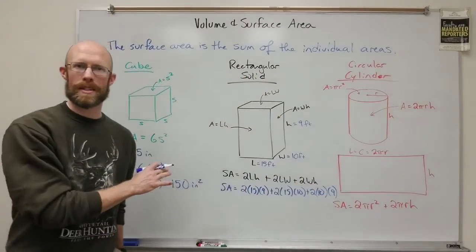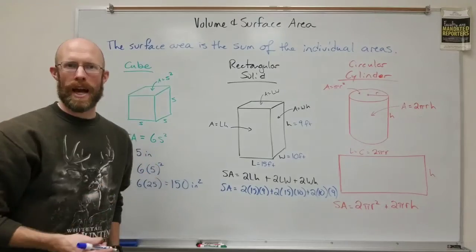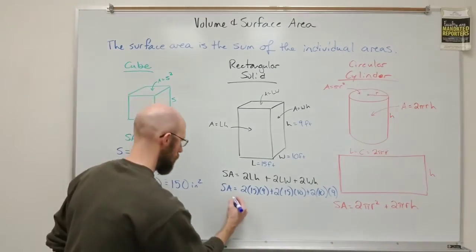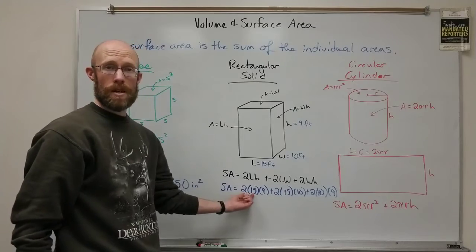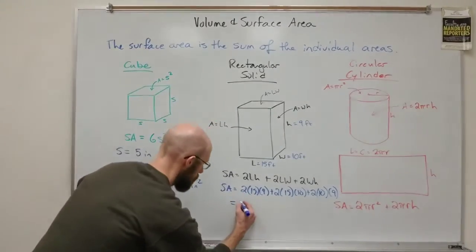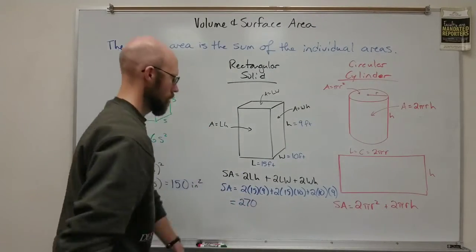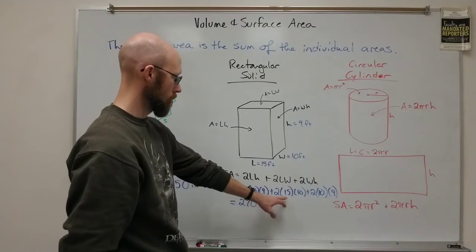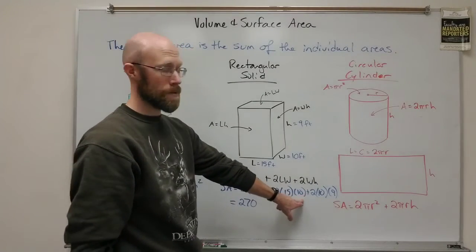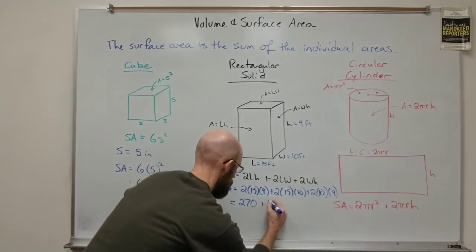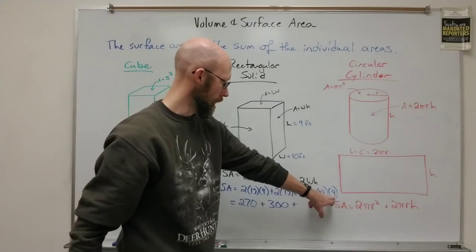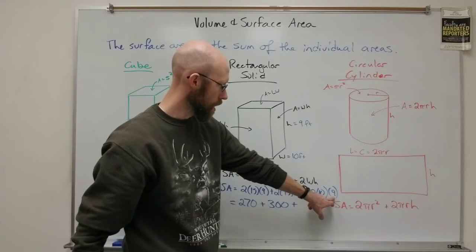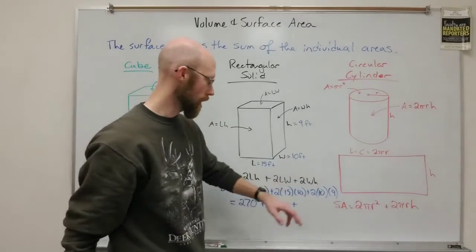Not too bad. 2 times 15 is 30, 30 times 9 is 270. 2 times 15 is 30, 30 times 10 is 300. 2 times 9 is 18, times 10 is 180.